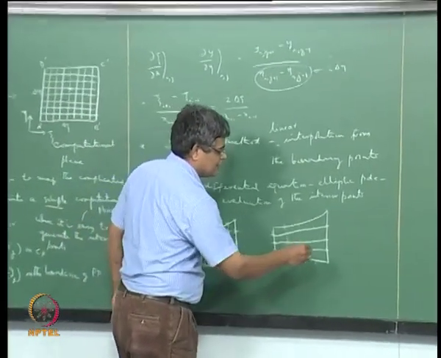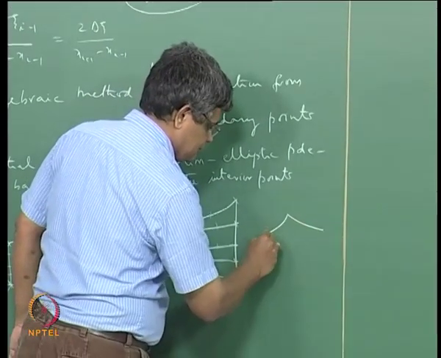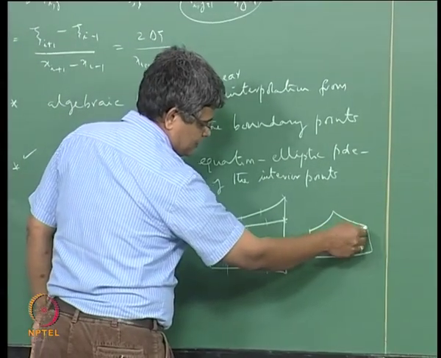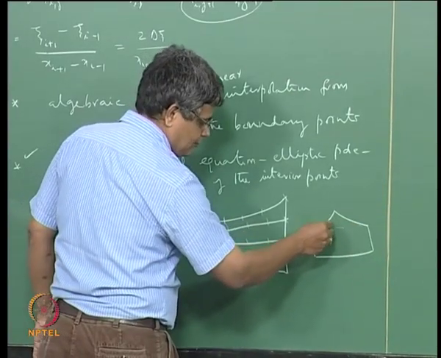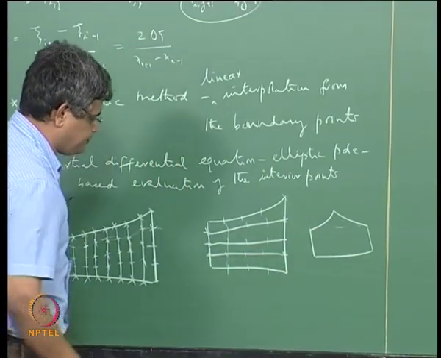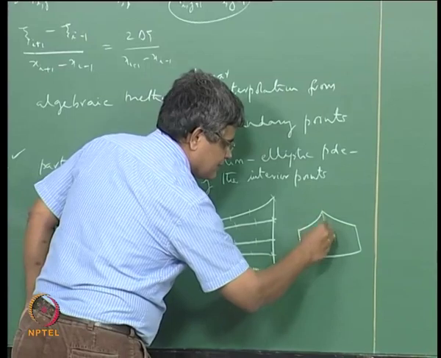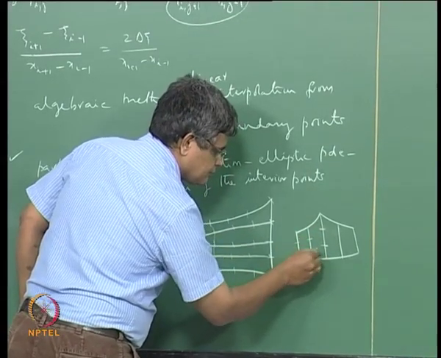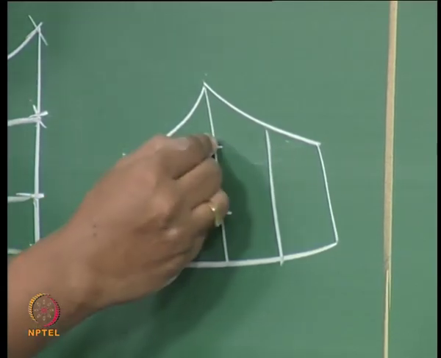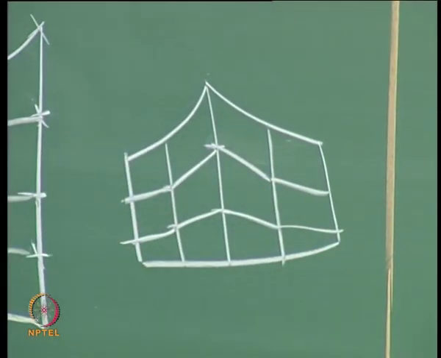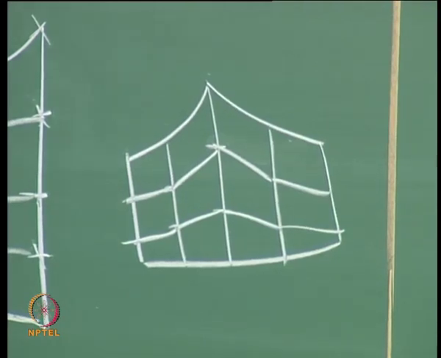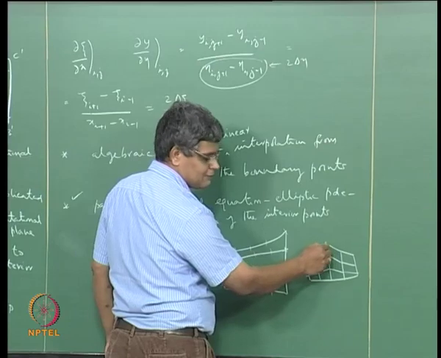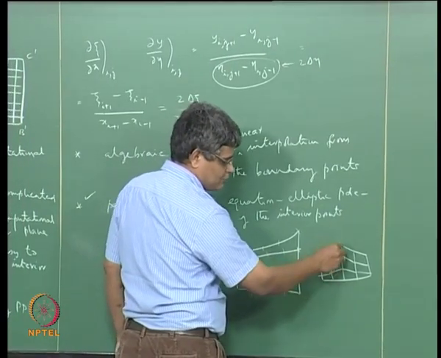For example, if you have a domain like this, and you were to do an interpolation like this, one can immediately see the disadvantage: the discontinuity of the surface at the boundary, like what we have here, is propagating into the interior.